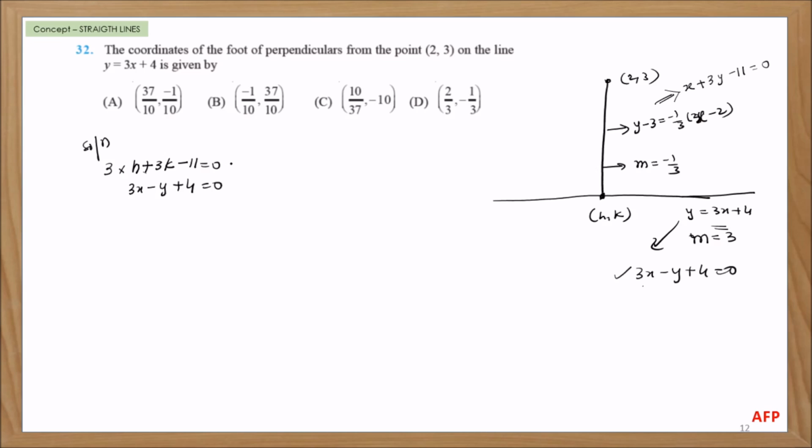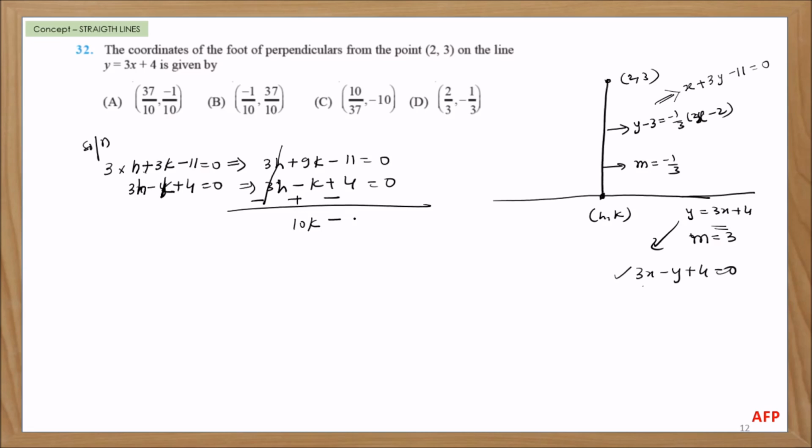So this we will multiply by 3. What you are going to get is 9h - 3k + 12 = 0... and the other equation as it is, h + 3k - 11 = 0. Subtracting and cancelling, 10k is 37 after multiplying by 3, so 10k - 37 = 0. So k = 37 by 10. Which option is there?